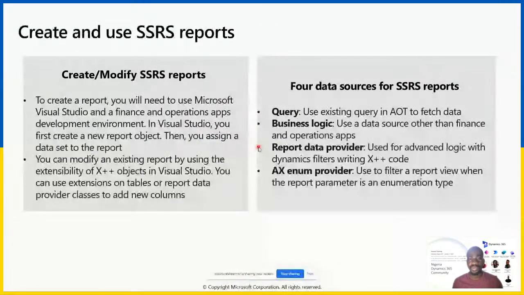So, the reports. What are the different types of reports that we have in Dynamics 365 F&O? We have SSRS reports, which stands for SQL Server Reporting Services reports. We can create these reports in Dynamics 365, we can modify them, we can add things, and we can even remove some if we don't need to make use of them.